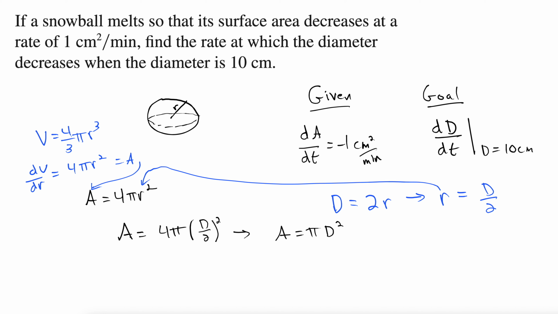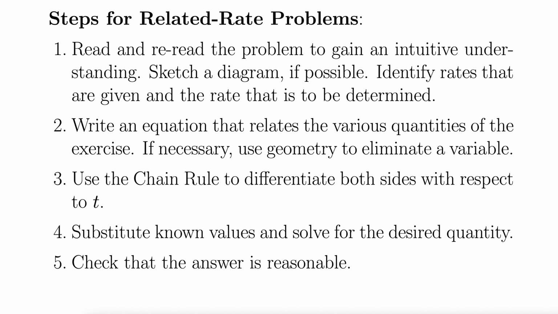So these are related rate exercises, and I like to think of this as the relate step. We've related them, and now we have the rate step, which is where we take the derivative. And that's step 3 if we check back in with our steps. Step 3, use the chain rule to differentiate both sides with respect to t.